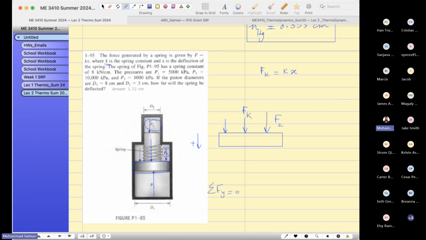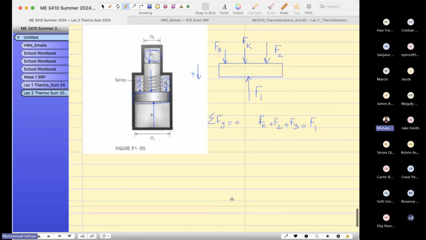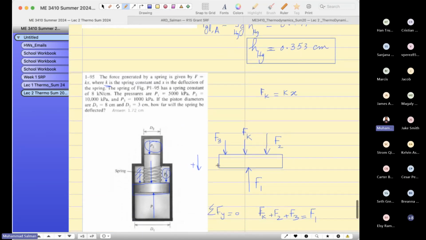The pressure P3 is also exerting force, due to the fluid in this area. The upward pressure is causing the force from the bottom upward. So with positive downward, I can write Fk plus F2 plus F3 equals F1.